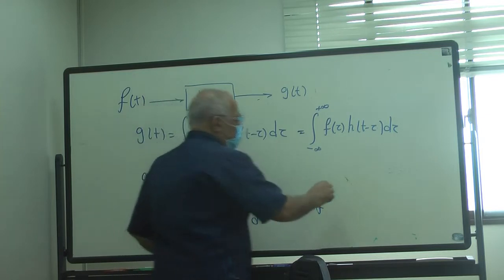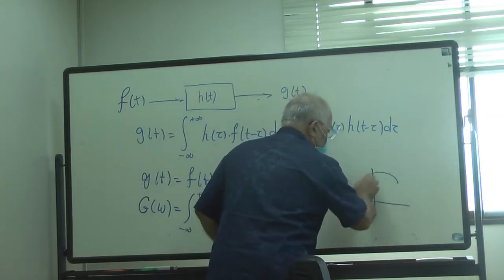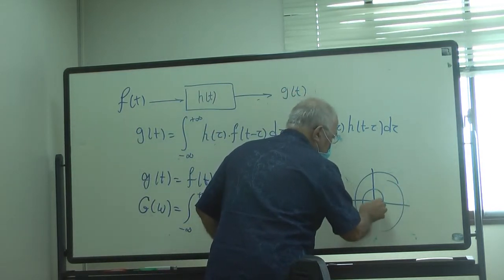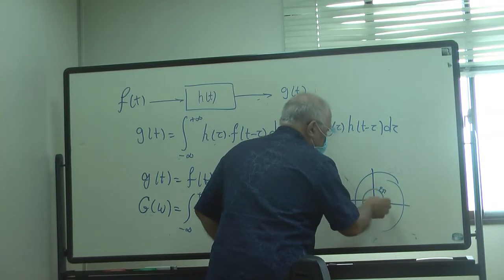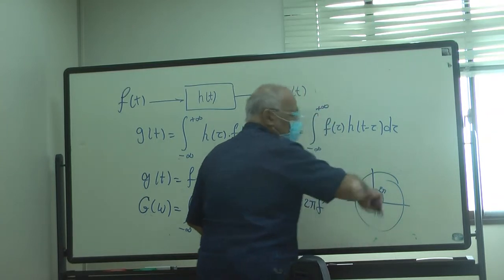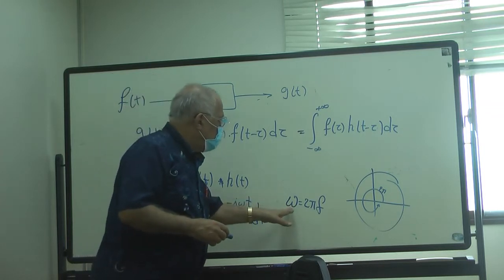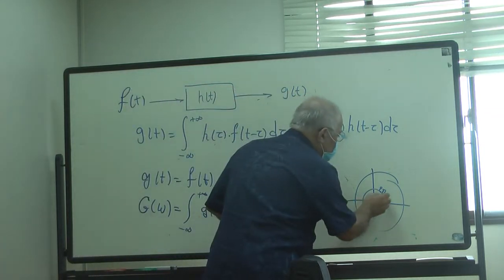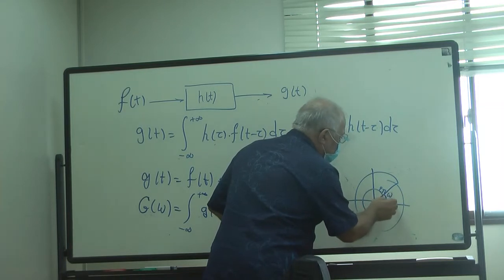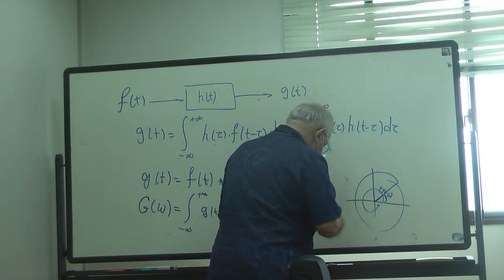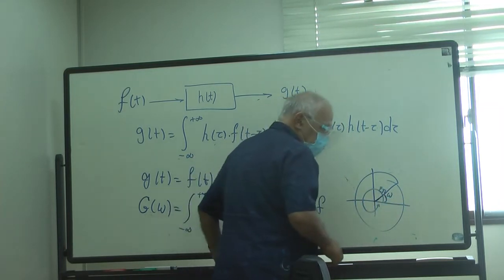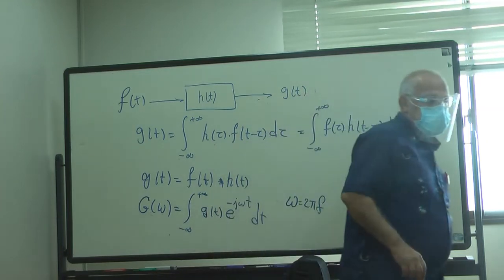Like you have a set there, and this is 2 pi here, and you are rotating it, and omega is something like this, that is angular velocity.